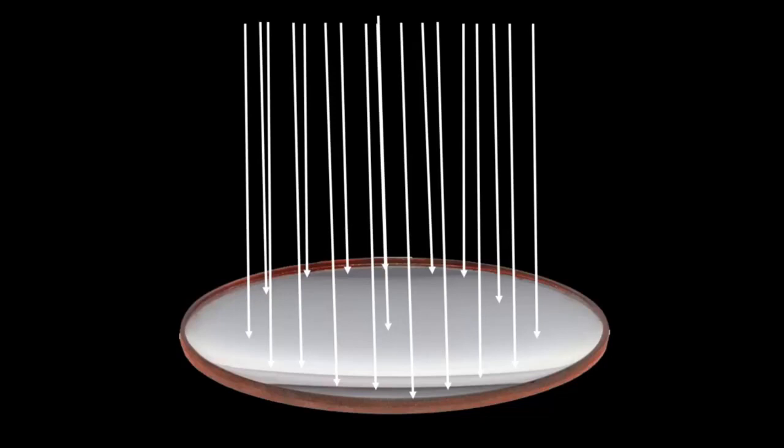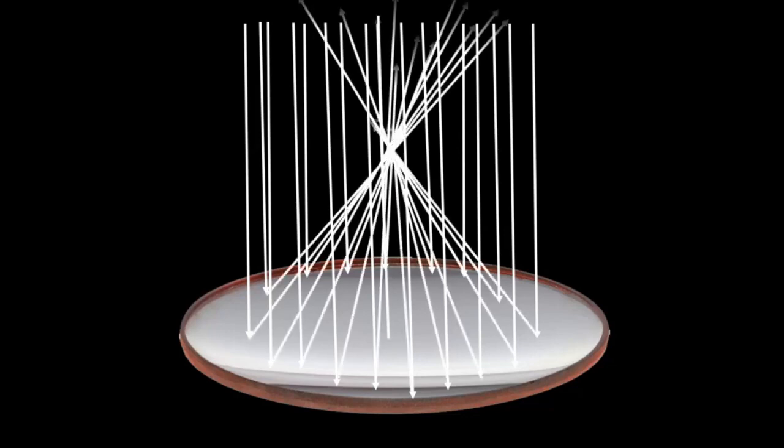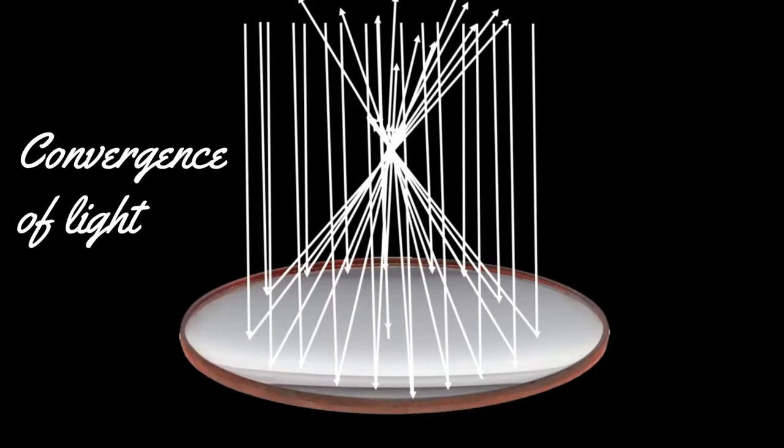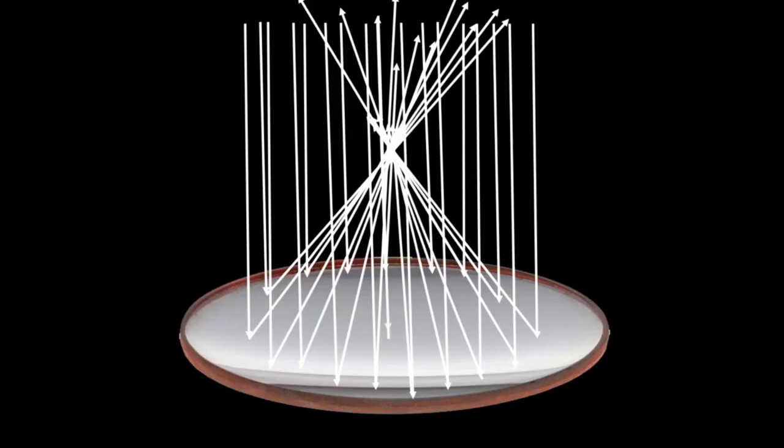Many light rays will fall on the concave mirror and then they reflect back, okay? And when they reflect back, they will pass through a single point, right? And that is what is called convergence of light.